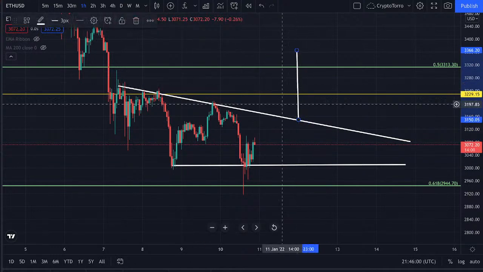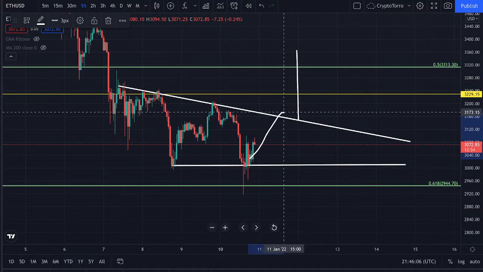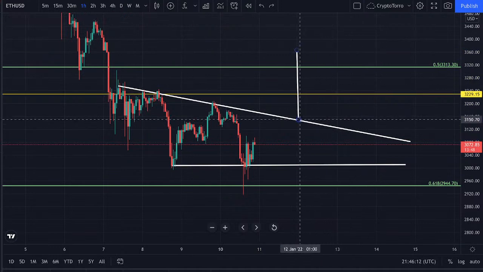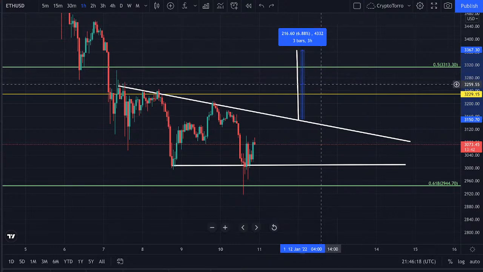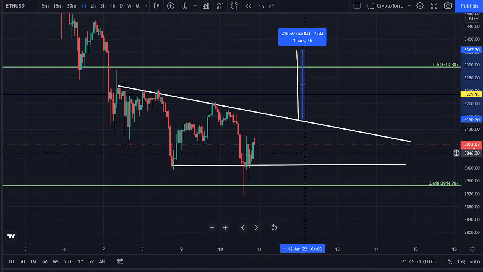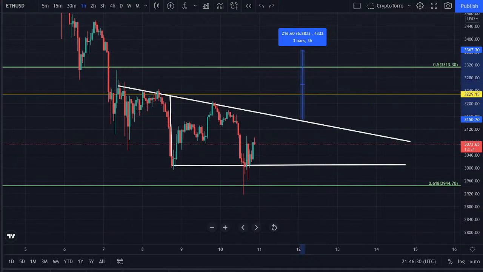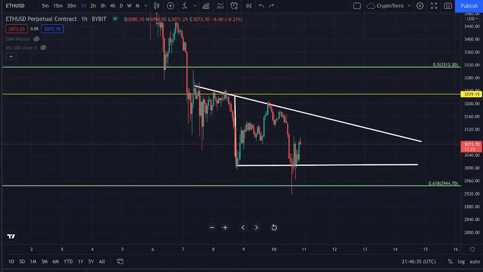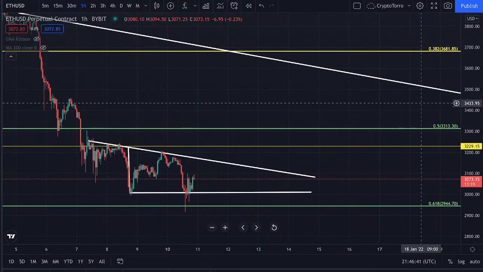If we do see right now a breakout occur above this descending resistance, so a move like this perhaps occur, we could be seeing a possible increase of approximately 7% or 6.8% taking place on Ethereum, and more importantly, breaking out above the 3,229 US dollar range, where we would like to actually be on top of to see further continuation of momentum towards the upside, and of course, very important, see as well a breakout eventually occur above this descending resistance.